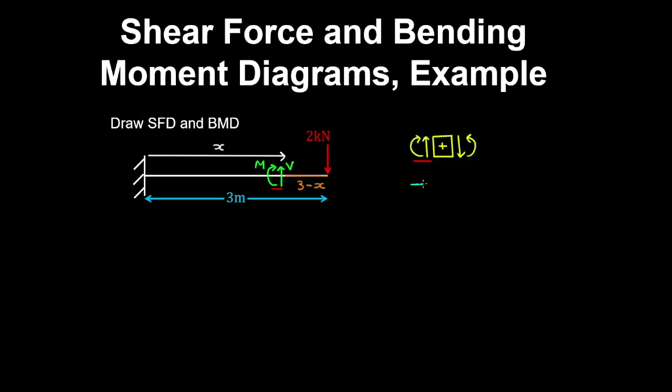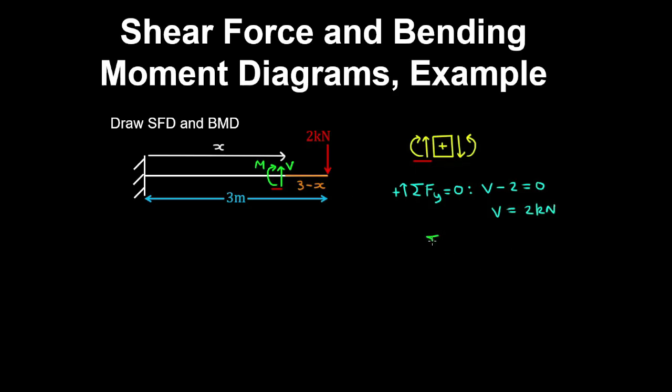And now if we take an equilibrium of forces in the vertical direction for this cut section, we have the shear force minus 2 kilonewtons is 0, and therefore the shear force is constant at 2 kilonewtons.